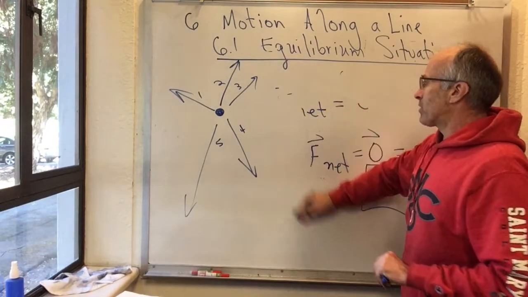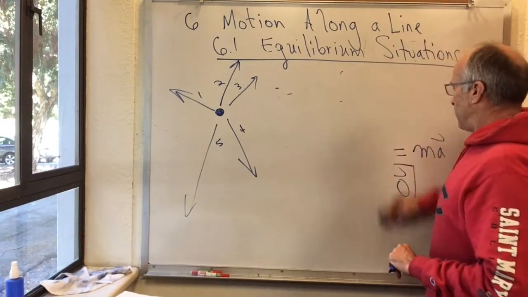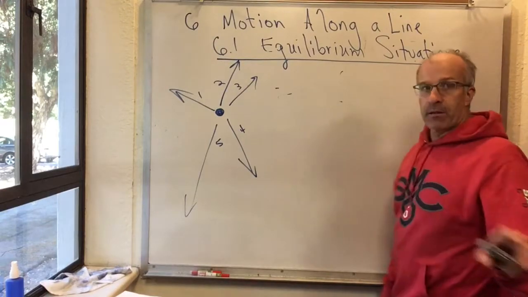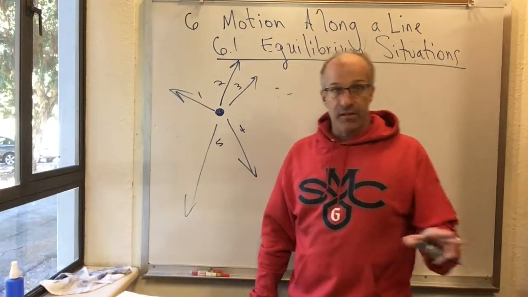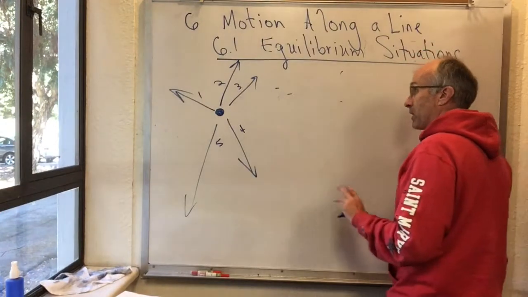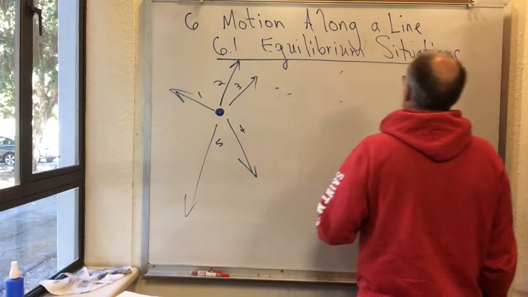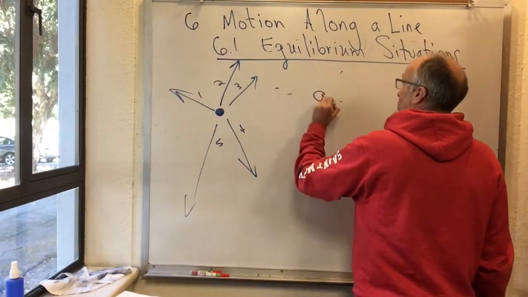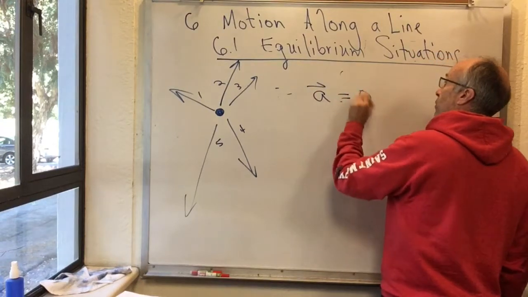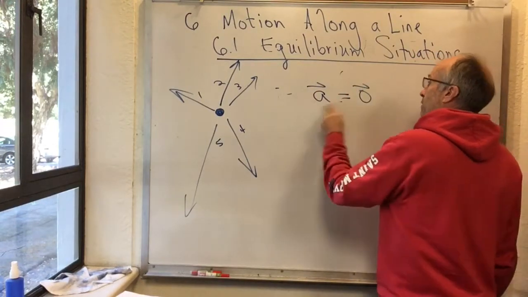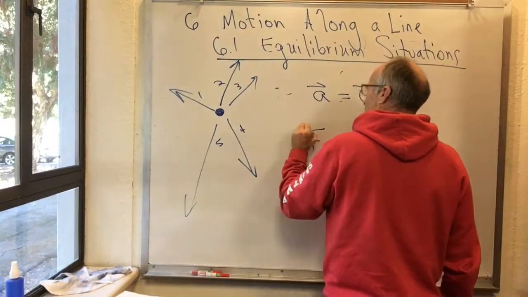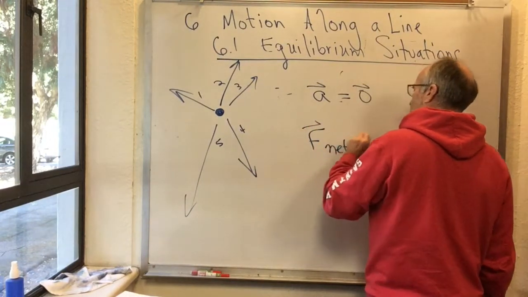I can also stand that on its head. I can say if I have something that is at rest or I have something that is in constant velocity as its motion, in either of those two situations, I immediately deduce that A equals 0. And from that, I can go the other way and say, hey, F net must be 0.